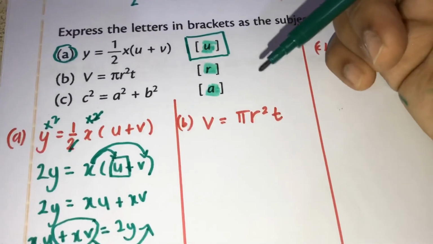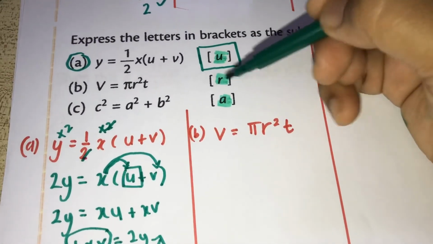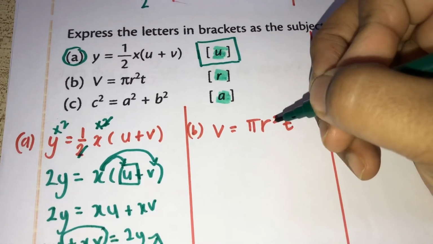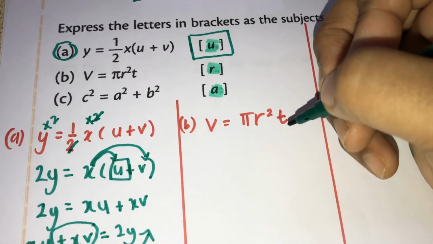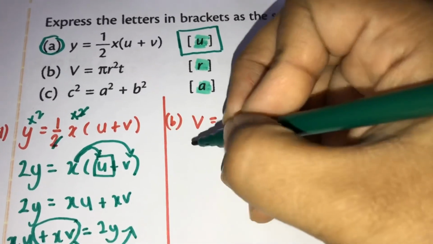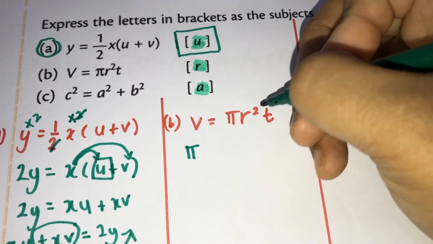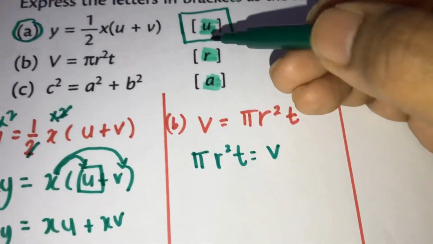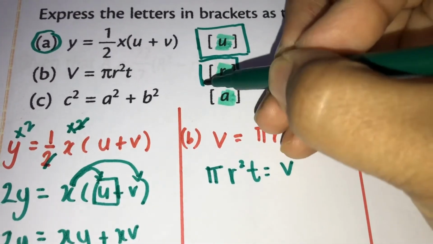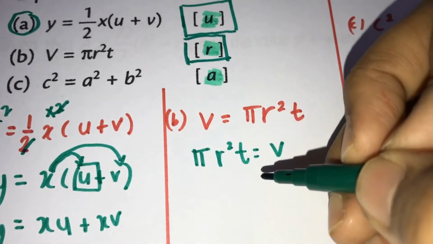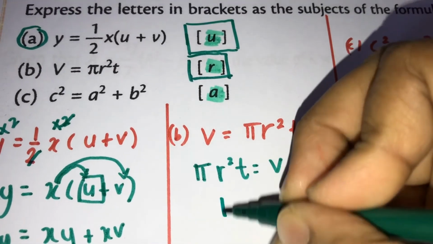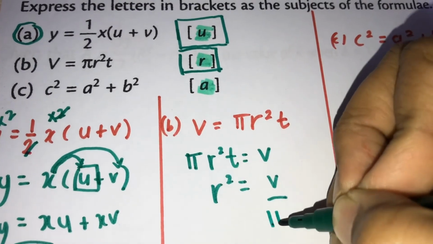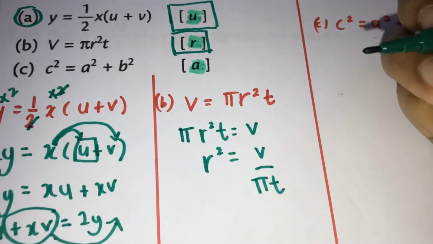Now question B, want r as the subject formula, right? V equal pi r square t. If r is the subject formula, you must change place. Copy pi r square t equal to V. Because r is the subject formula, you can move pi and t to the right side, so r square equal to V over pi t.